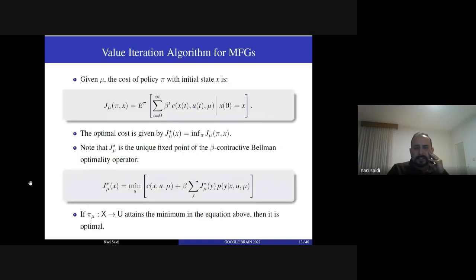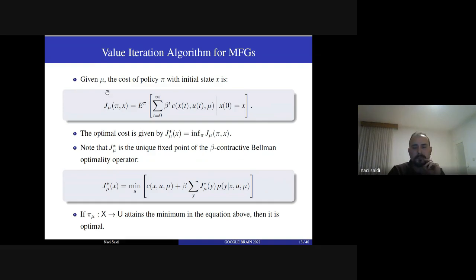So before describing the mean field equilibrium operator that gives the mean field equilibrium, let me briefly talk about how we can compute the optimal policy for Markov decision processes. Remember, given any mean field term mu, the problem a generic agent is facing is indeed a Markov decision process, because it has a homogeneous state transition probability.